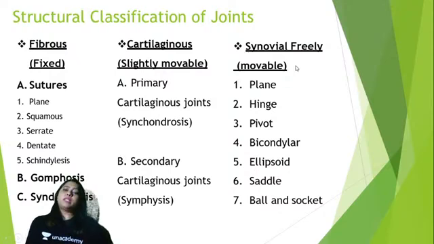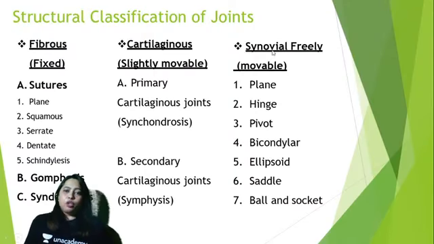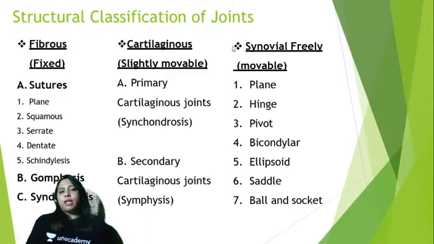Next you have synovial or freely movable type of joint. Synovial joints are freely movable, and there is a reason for that: there is a joint cavity, and that's what makes it a synovial joint. The bones are freely movable.